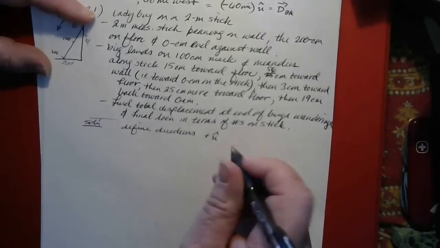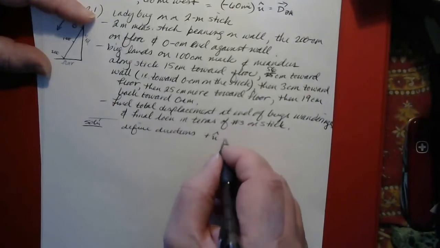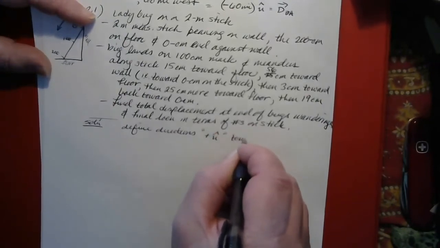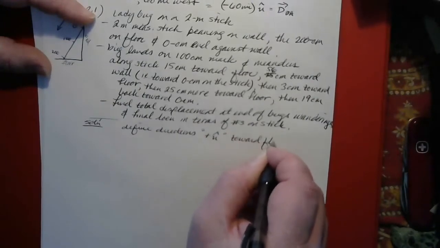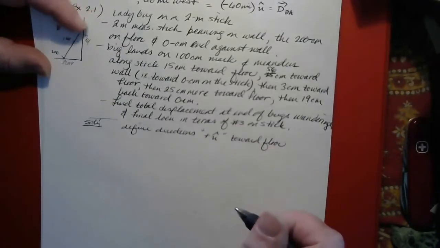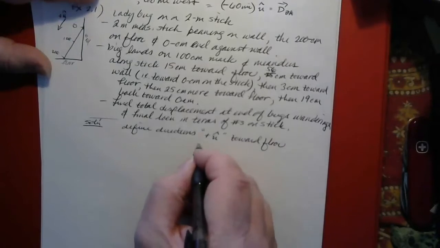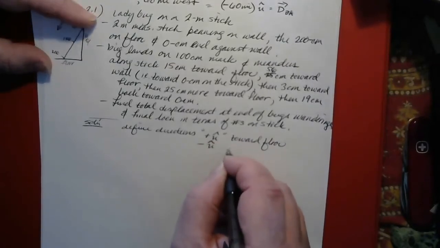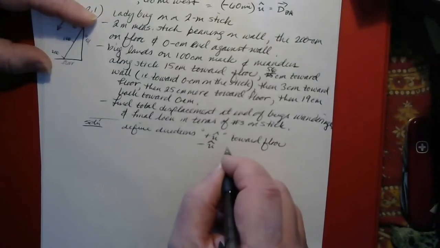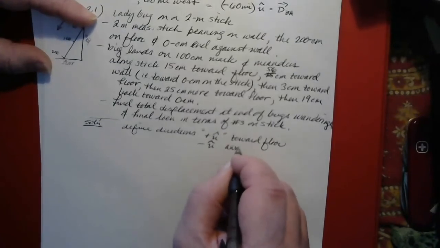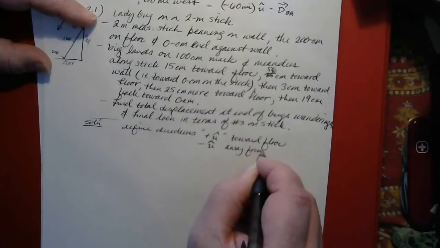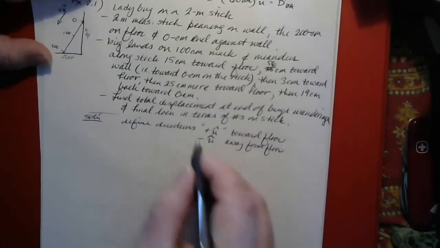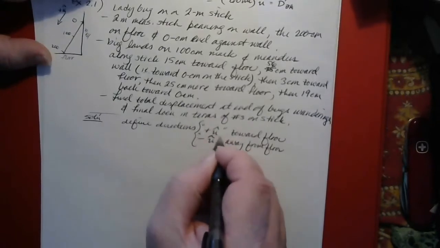Positive unit vector for the direction will be toward the floor, and the negative direction, or the negative unit vector, will be toward the wall or away from the floor. All right, so that helps.